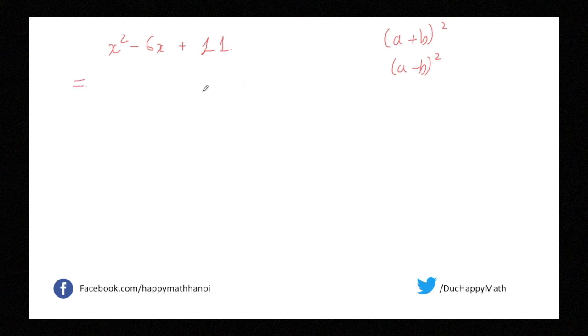The first term of the completing square has to be a squared, the second is 2ab, and the last one is b squared. And we combine the original expression and this formula of the addition square and the subtraction square.